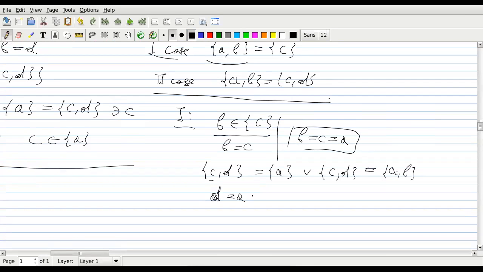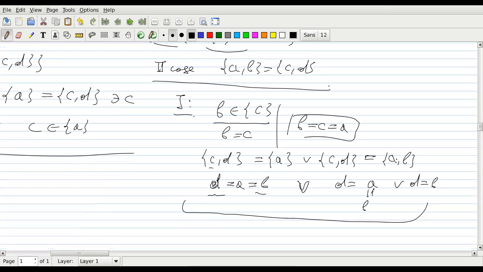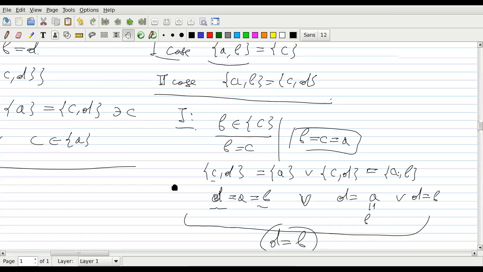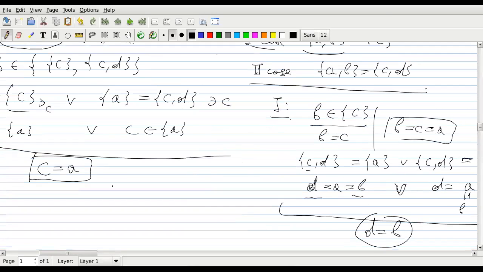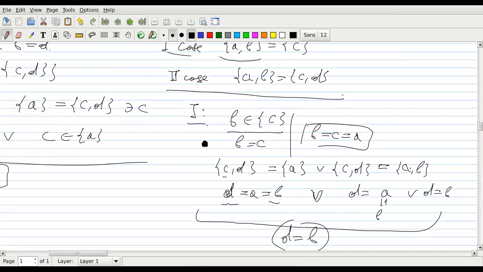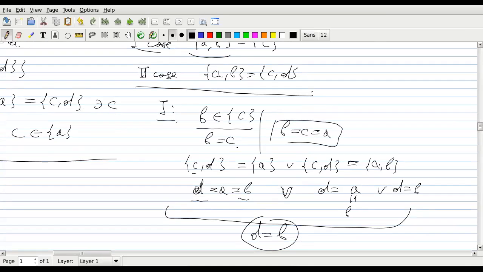D equals A, which is the same as B, or D equals B. So anyway, D equals B. So in the first case, both equalities hold. Is it clear?